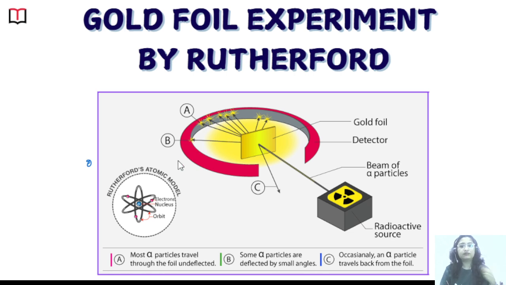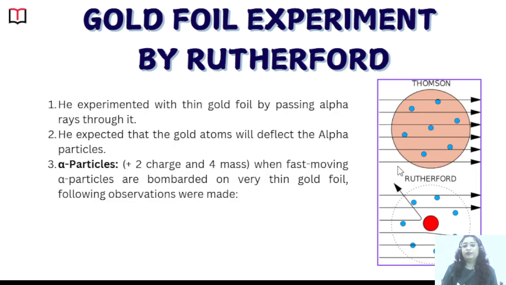Most alpha particles were traveling through the foil undeflected. Let's see this first of all. According to J.J. Thomson, the atom was like a watermelon model with electrons embedded in it, and Rutherford was doing his experiment based on the theory provided by J.J. Thomson.